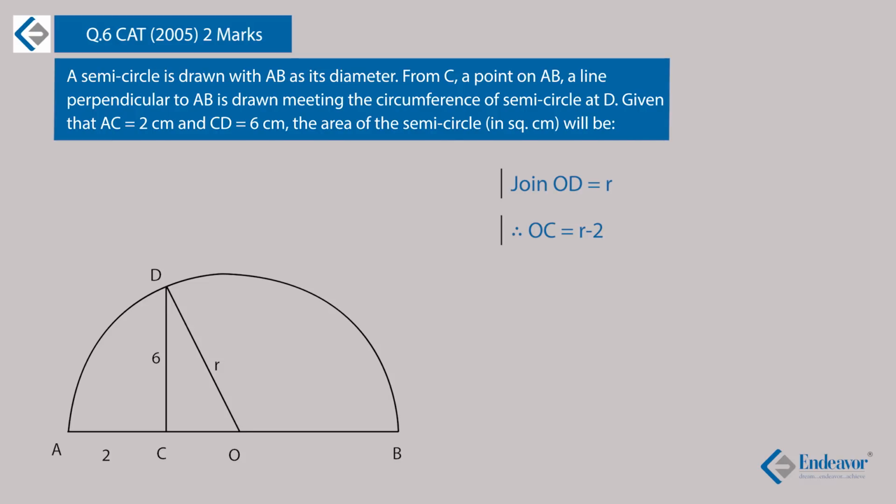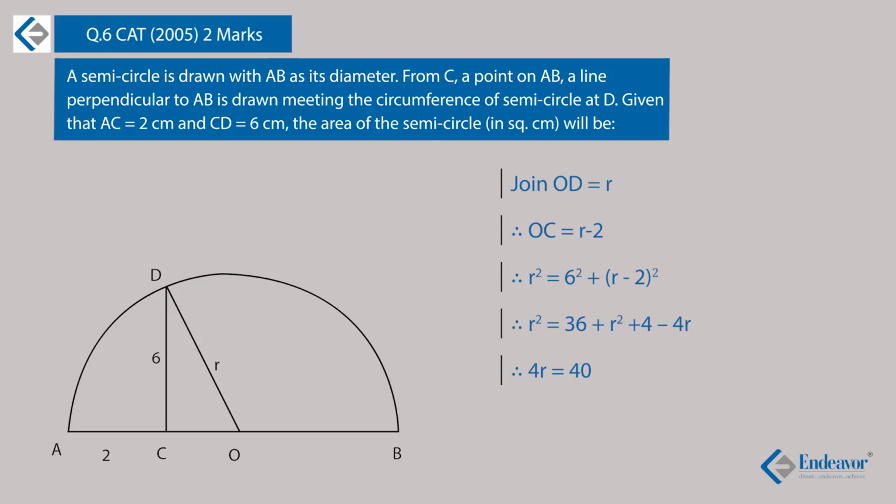So I can simply solve this question by applying the basic Pythagoras theorem, saying OD squared is equal to CD squared plus OC squared. Thus r squared is equal to 6 squared plus (r minus 2) squared, and on solving I get r as 10. If r is 10, the area of the circle will be pi times 10 squared over 2. Why over 2 is because I am finding the area of a semicircle, and that comes out to be 50 pi.